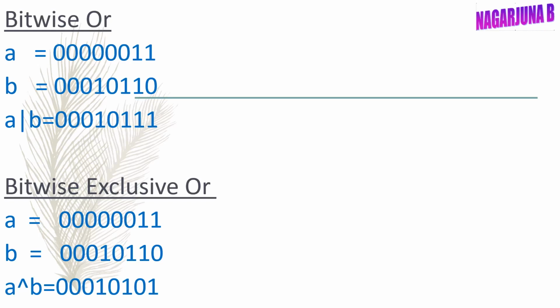Because when we perform bitwise exclusive OR, if the bits are the same, then it will be 0. If the bits are of opposite values, then it will be 1. So if it is 0 0, it will be 0. If it is 1 1, it will be 0. If it is 0 1, it will be 1. If it is 1 0, then it will be 1.